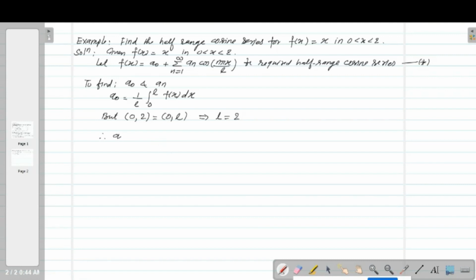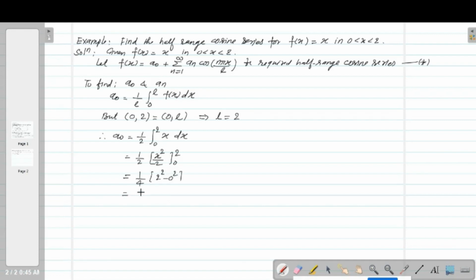Therefore, a naught equal to 1 by 2 integration of limit 0 to 2 f of x. f of x is x dx. Just integrate this. So this is equal to 1 by 2 integration of x is x square by 2, providing limit 0 to 2. So this is 1 by 2 and 1 by 2, this is 1 by 4, and providing limit 2 square minus 0 square.